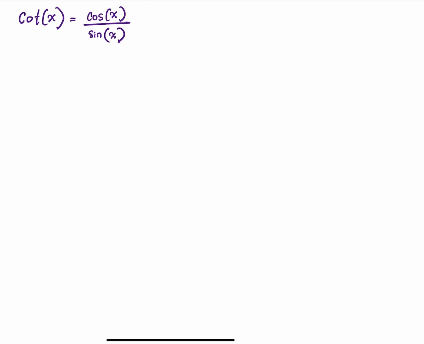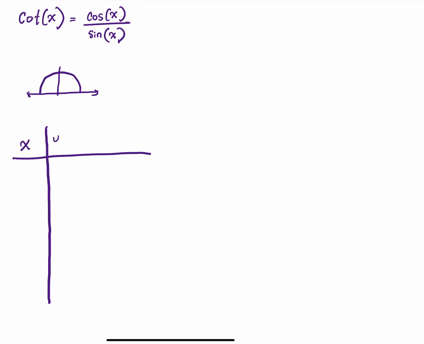So now we should expect asymptotes wherever the sine is equal to 0. So for the cotangent, I'm going to look at the first and second quadrant for our useful points. So everything will be positive angles. And then let's build a similar table of values. We'll call this x, and then we'll make this the cotangent.